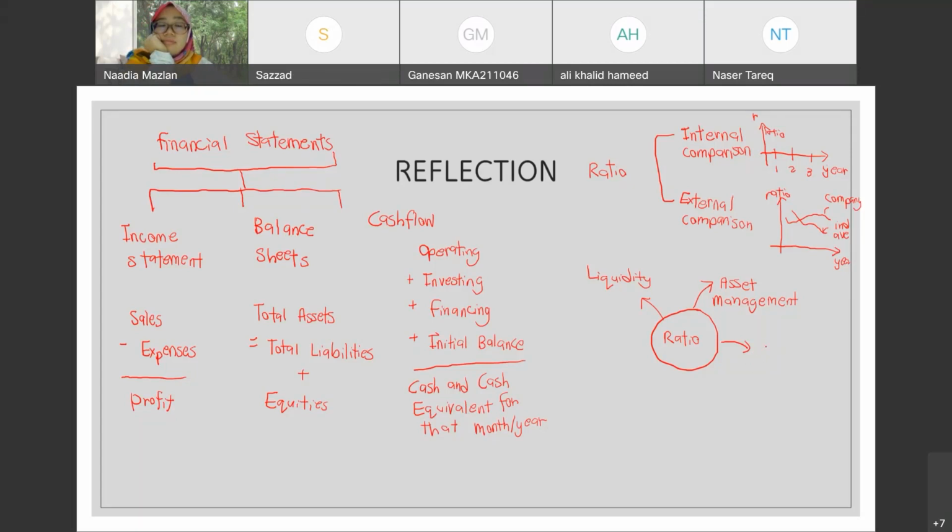Debt management. This is a category, not the ratio itself. All right, thank you. Salim, what is the other one?